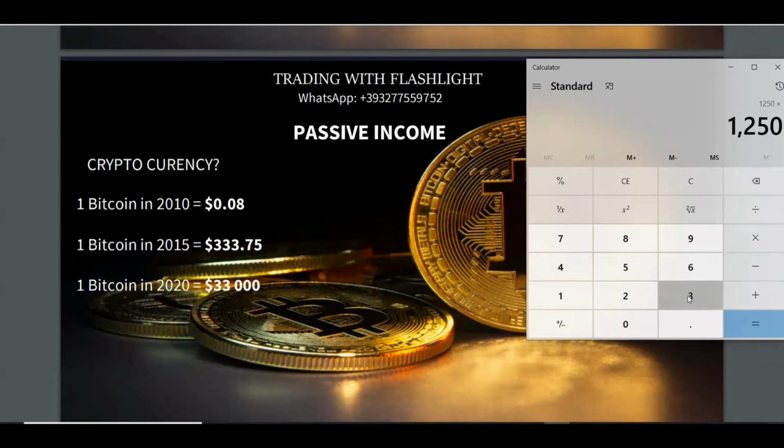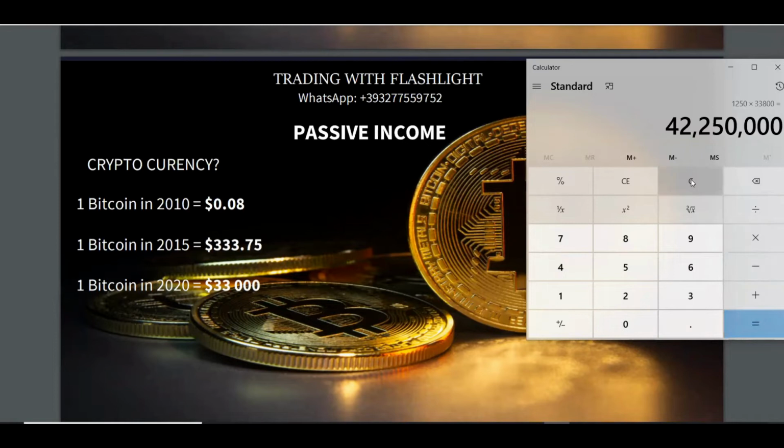And 10 years later, if the person kept all his Bitcoins, which is very important, now he's having approximately $42 million with just $100 he spent. So that's how it functions with Bitcoins.